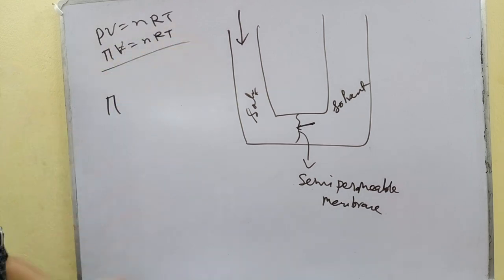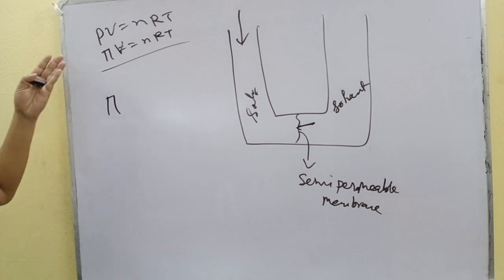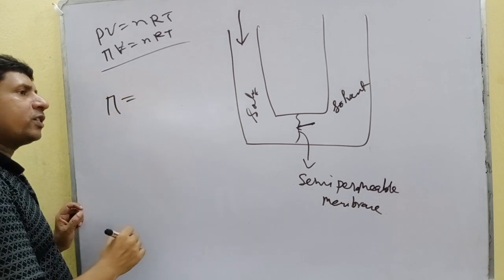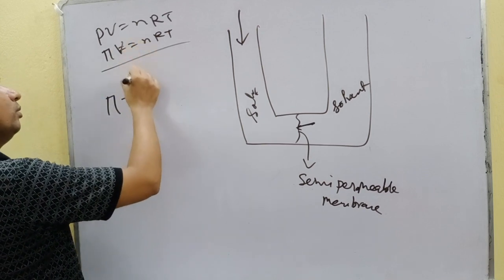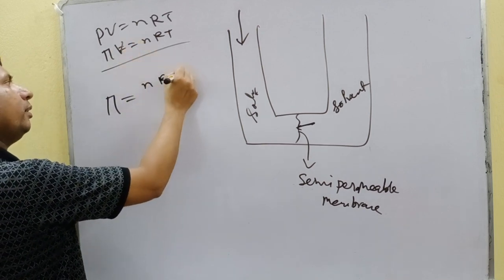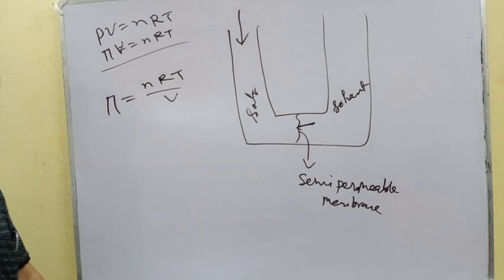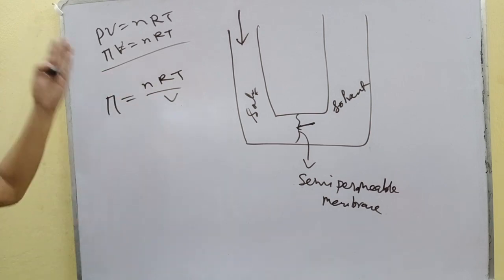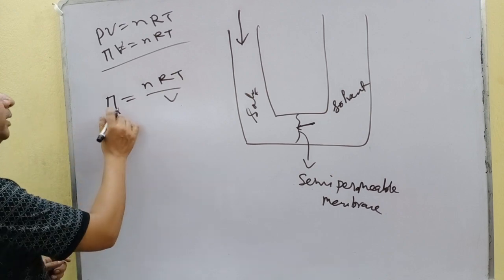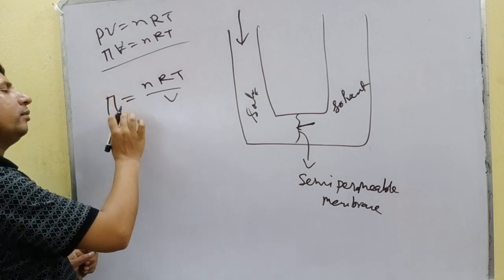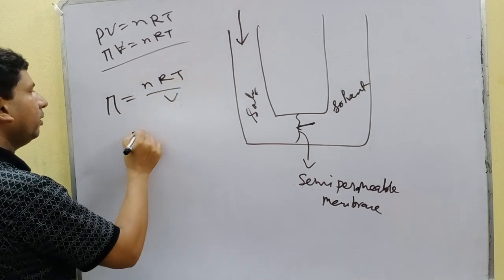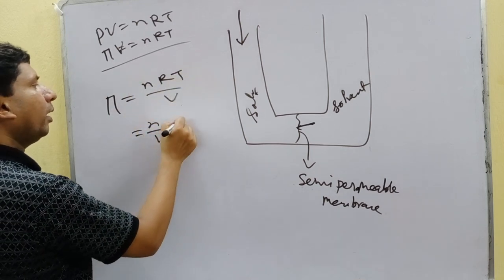Similarly, Van 't Hoff says that the osmotic pressure pi is equal to nRT by V. This combined law is like the ideal gas law. We can write pi equals n by V RT.